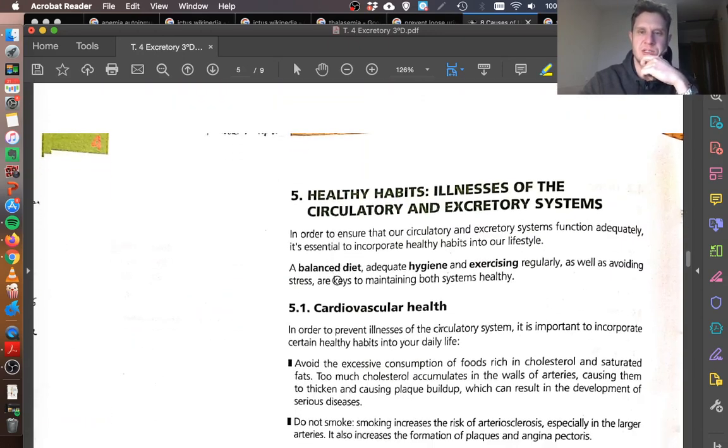Health habits from circulatory and excretory systems. Yeah, very important information. So, balanced diet. What is a balanced diet?